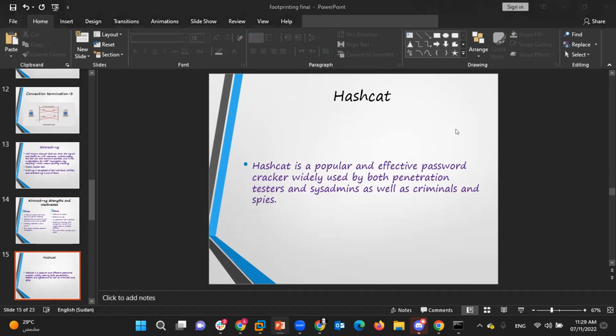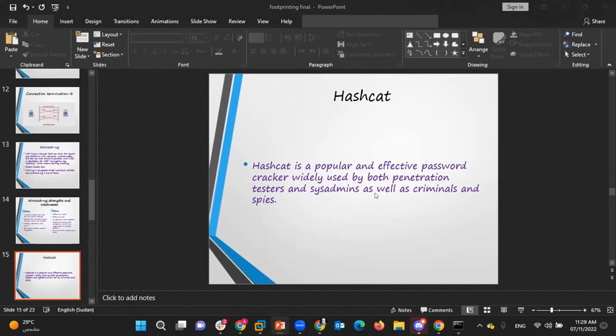Hashcat, my lovely one. Okay, Hashcat is a popular and effective password cracker, widely used by both penetration testers and system admins. It is not just for penetration testing or hacking.